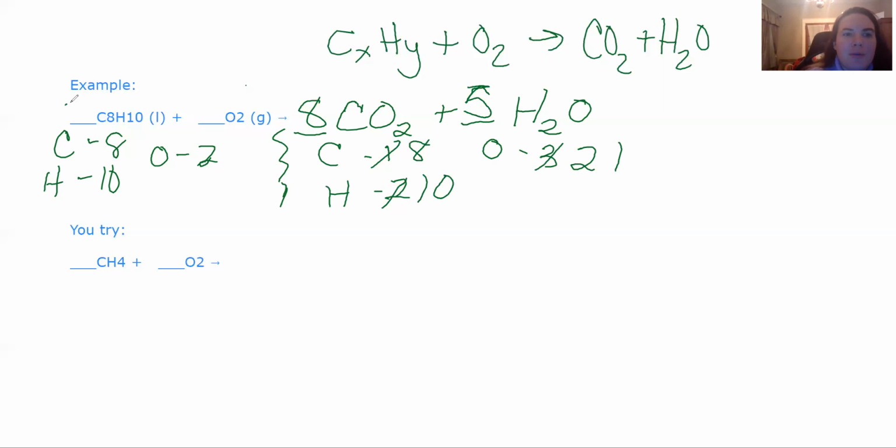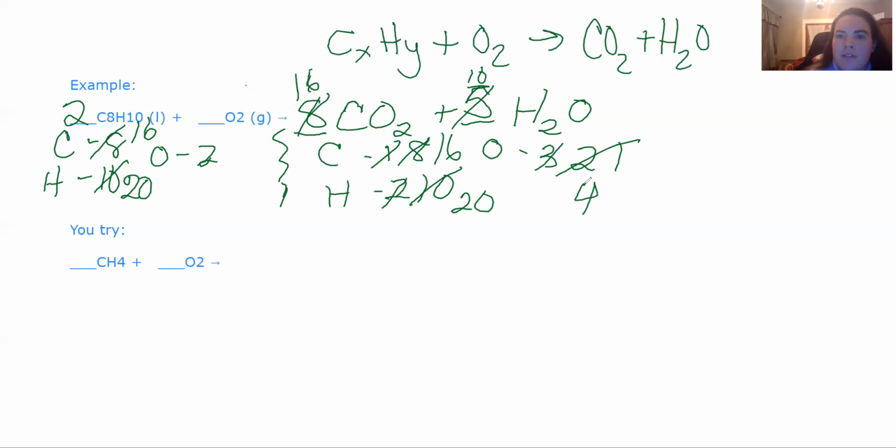So if we put a 2 on this first line, carbon can change to 16, hydrogen to 20, oxygen doesn't have to change. This instead becomes 16. That'll make 16 carbons. This becomes 10. It's the 20 hydrogens. And this becomes 42. Now that we have an even number, we can divide that by 2 and put that on the line. That's 21.